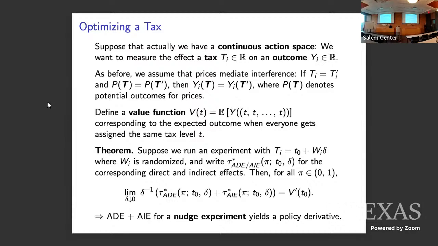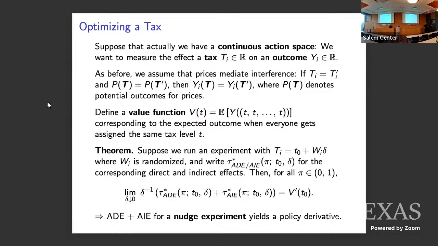It could be like, let's say you're Amazon and you want to optimize how much you charge for Amazon Prime, right? This is another thing that is going to have a lot of direct and indirect effects that you want to change. So you want to optimize a continuous action given for everyone. You can study this using our setting. It's essentially the same thing.